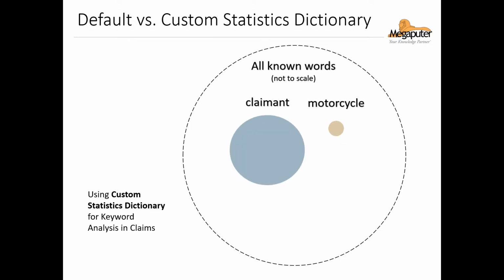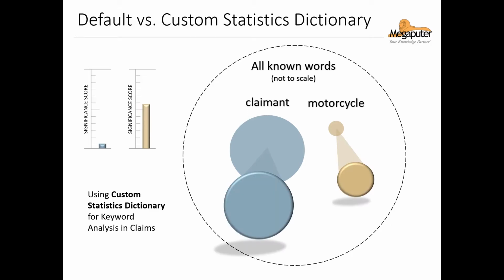However, if we use a custom statistics dictionary that's generated from insurance-related datasets, in other words, if we use a domain-specific dictionary, we'll have very different results in our analysis. So, based on the frequency of the word claimant in insurance domain datasets, this word would not be considered a significant keyword in our dataset.